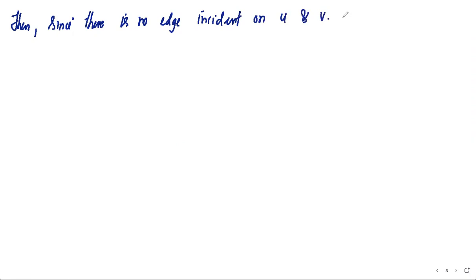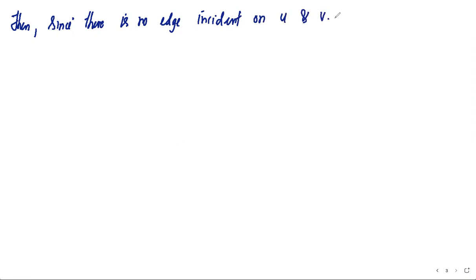Now let's see what is the action of this vertex automorphism on the edges of G. Since there is no edge incident on U and on V, now try to visualize the graph.